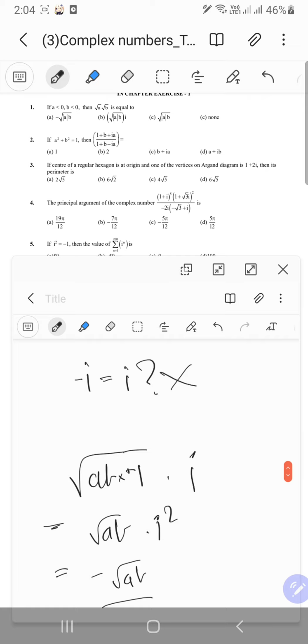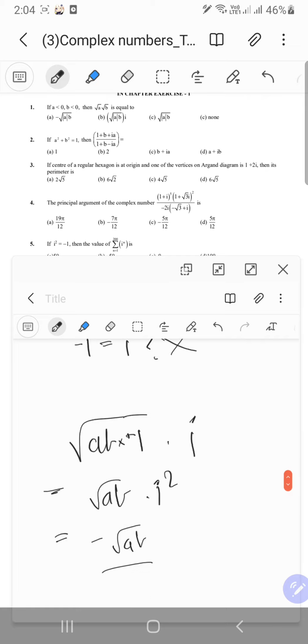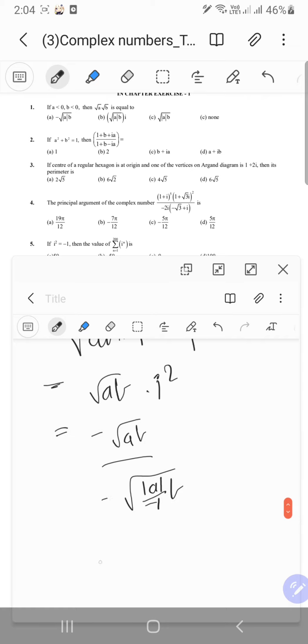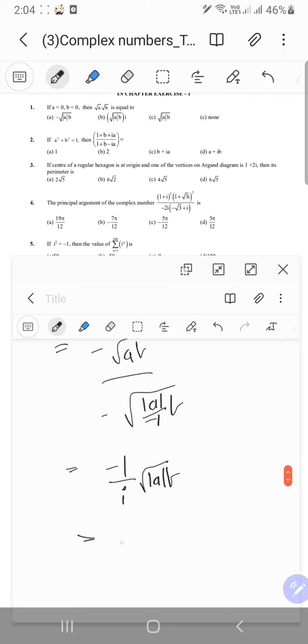So I can definitely write it as mod a. Oh, okay, that's weird. I should have written it as mod a upon minus. Okay, that's really weird. So this should be negative 1 upon iota square root of mod a times b, which, yes, is iota times square root of mod a times b.